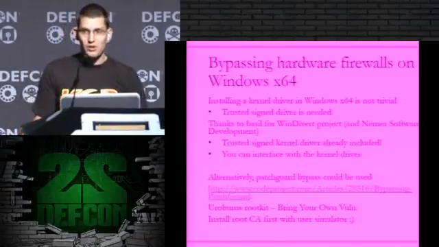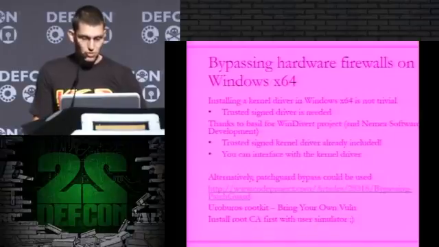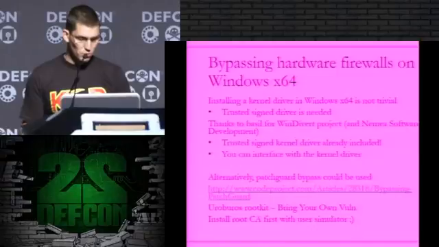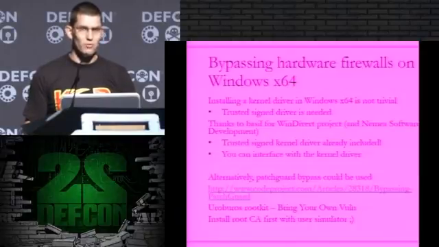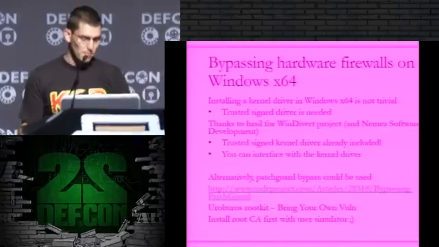There are also other ways to bypass this restriction. For example, there is a PatchGuard bypass code on CodeProject. There were also some rootkits which used, I think, an old VirtualBox kernel driver, and they exploited a buffer overflow, something like that, in the kernel driver to execute code at the kernel level.